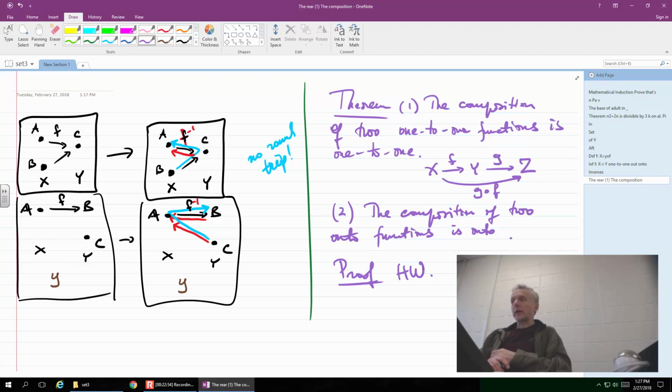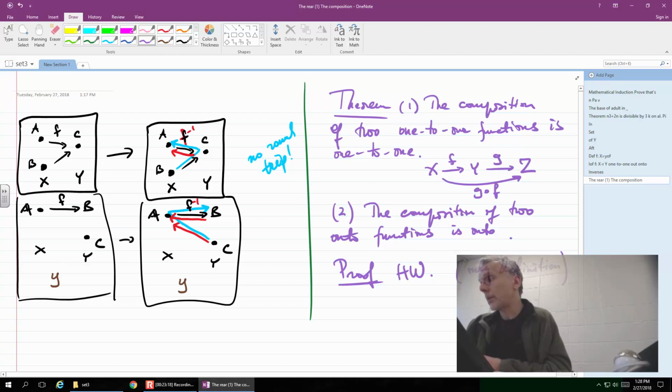It requires applying the definition of one-to-one three times, and for the second part, the definition of onto applied three times. Other than that, you don't have to invoke any theorems. It's entirely definition based, only definitions.